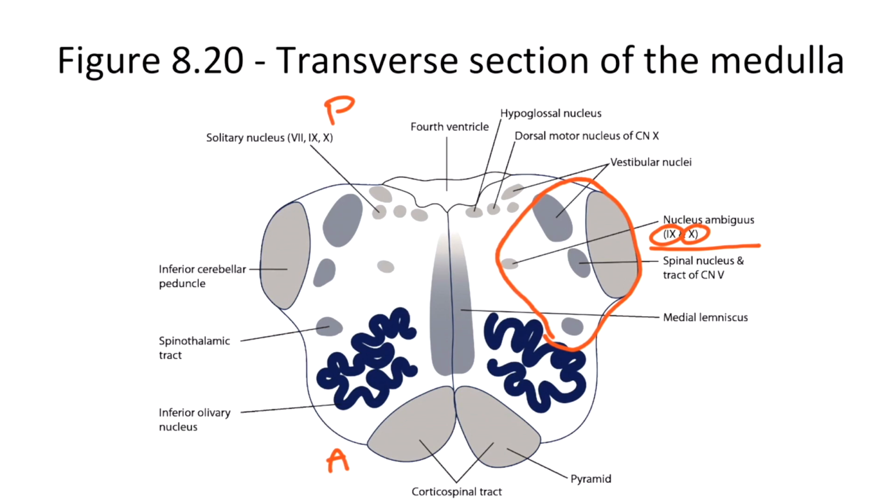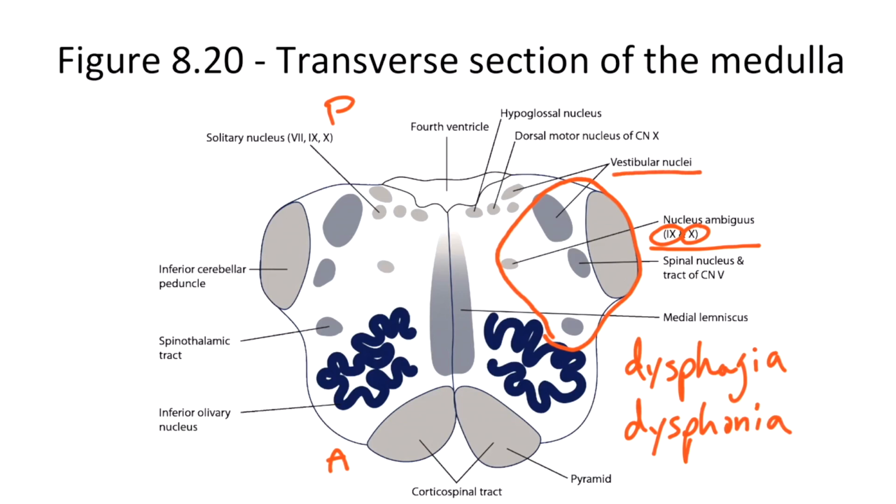From section 3, recall that cranial nerves 9 and 10 provide motor output to the pharynx and larynx, so damage to these structures would result in dysphagia and dysphonia. Also notice that the vestibular nuclei are right here, so damage to these nuclei explains the patient's vertigo. The patient also has ataxia, which can be explained by damage to the inferior cerebellar peduncle right here.